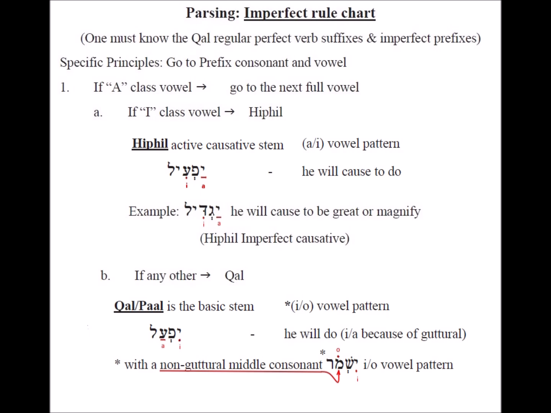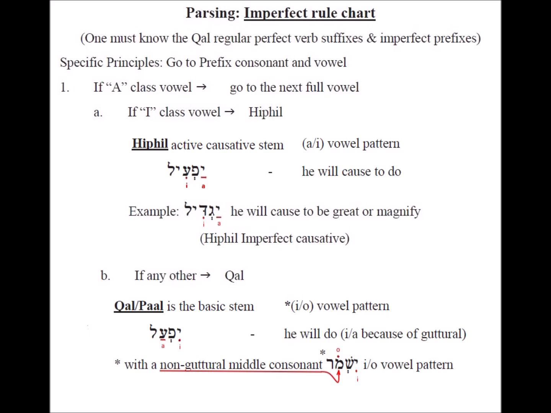If you have a yod, a tav, an aleph, or a noon, then go to the prefix consonant. We'll look at the regular perfect verb and imperfect.